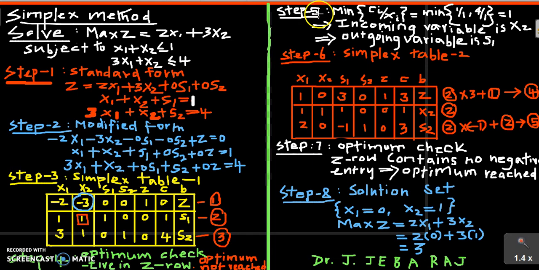Now coming to step number 5, we have to find the minimum replacement ratio, that is Ci by Xi. The constant is this, Xi is this.